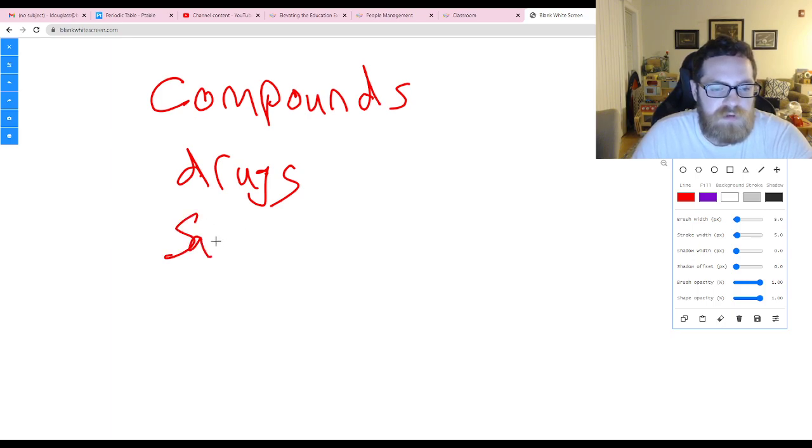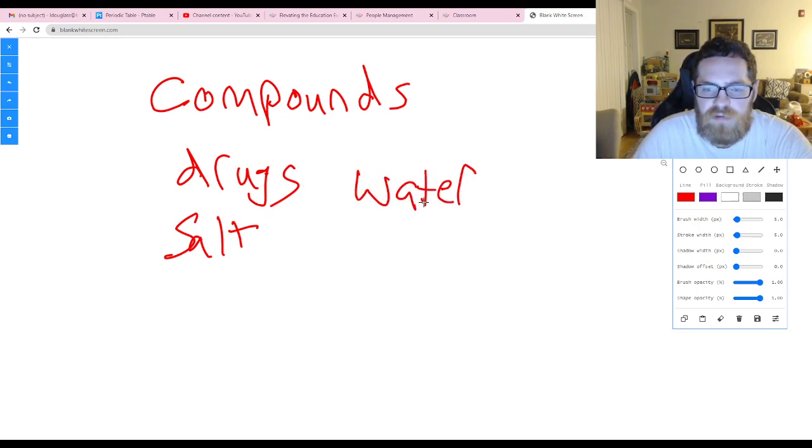Salt is a compound. Medicines are a compound. Water is an example of a compound if we're talking pure water. Essentially, a compound is any pure substance made up of two or more elements.